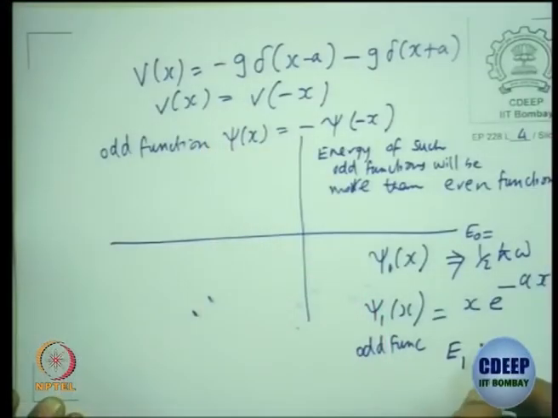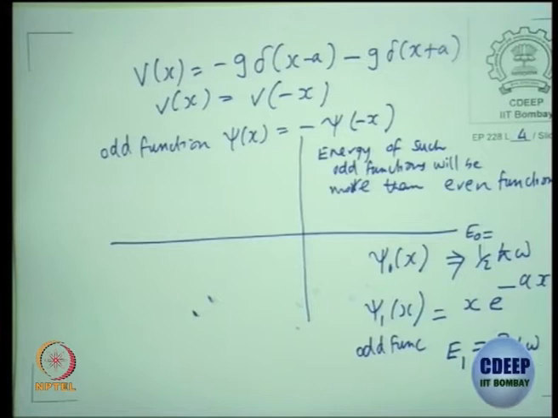E1 to be 3 by 2 h cross omega. So, I am just trying to say the lowest energy solution when you try to find for any system, the lowest energy solution will be an even function, always. If you try to say that the lowest energy is an odd function, you are wrong.